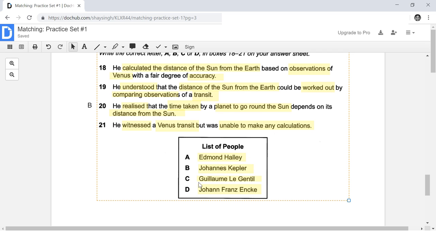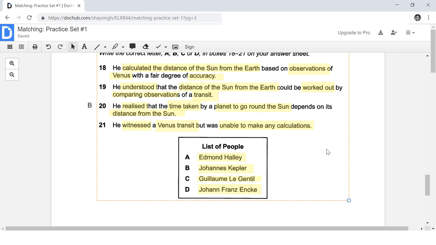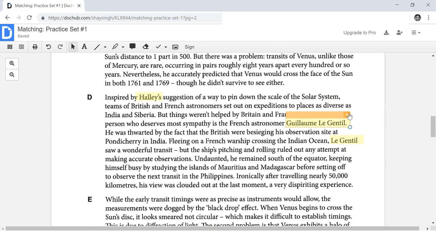So let's move on to our next answer choice, option C, Guillaume le Gentil. So here we go, here is our keyword. Let's start reading this sentence from over here. The person who deserves most sympathy is the French astronomer Guillaume le Gentil.